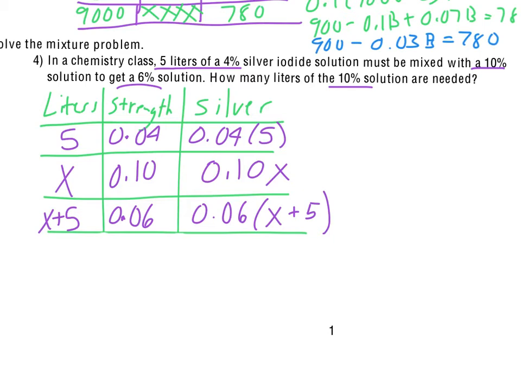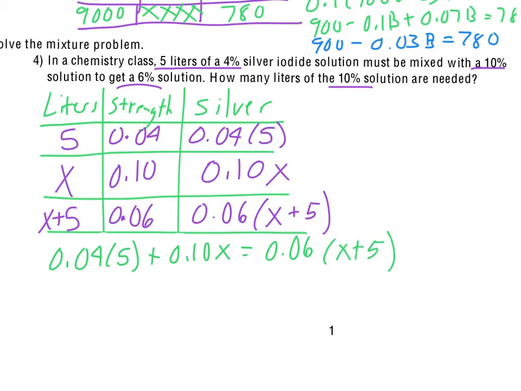Let's see, so for our equation, 0.04 times 5 plus 0.10x equals 0.06 times x plus 5. Again, up to you if you want to get rid of the decimals by multiplying by 100. I think I do want to do that.